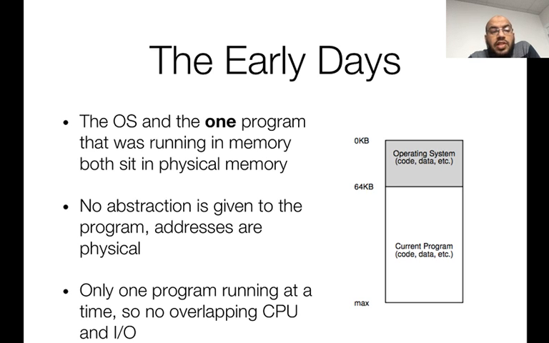Addresses were physical, and there was only one program running at a time, so there was no overlapping of CPU and I/O, which basically meant that multiplexing was much harder. If you had a program running, it almost owned the whole computer. You couldn't, for example, have multiple windows. There were no windows back then.